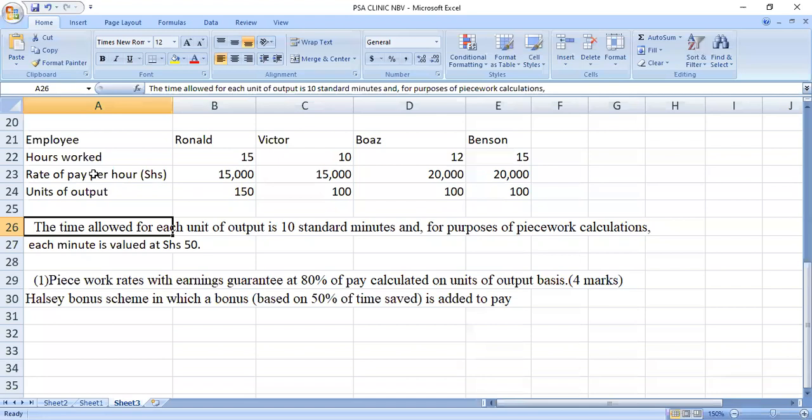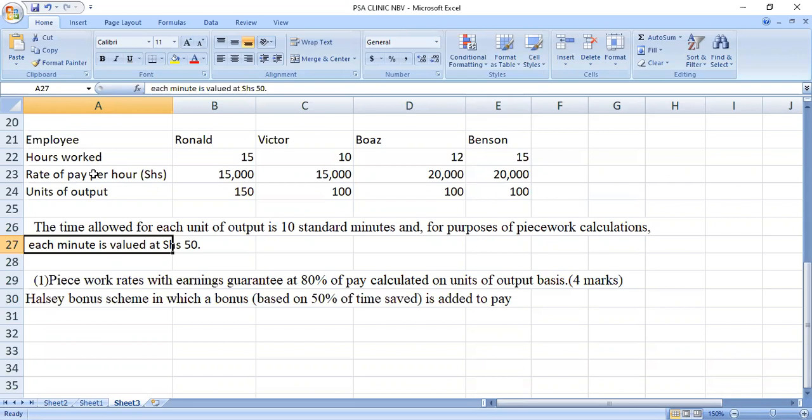For each unit, you're going to use 10 minutes to produce it. And for purposes of piecemeal calculation, each minute is valued at 50 shillings. So they've given us what we call the piece rate.